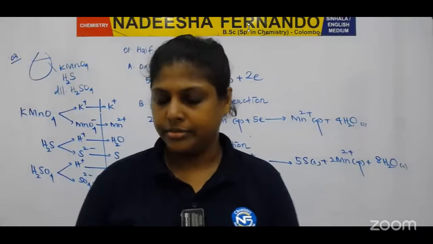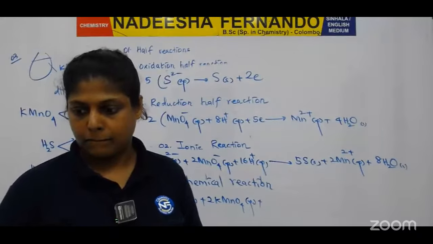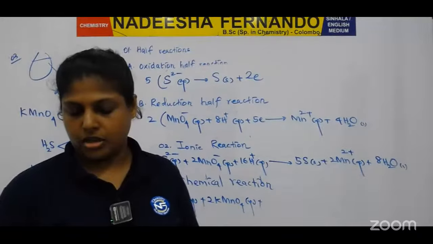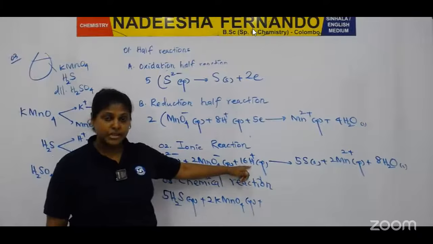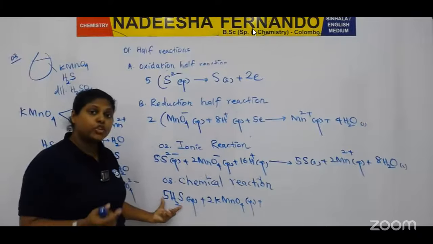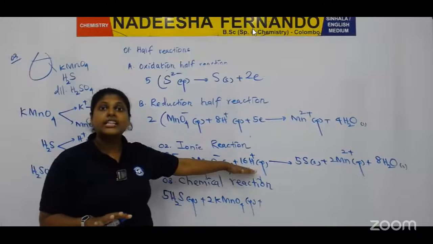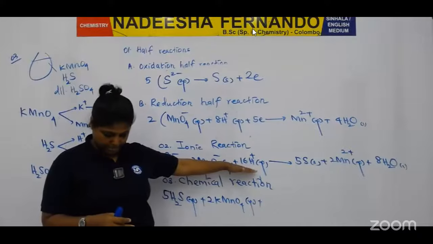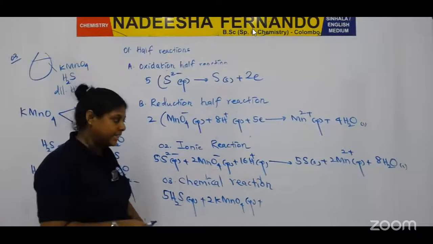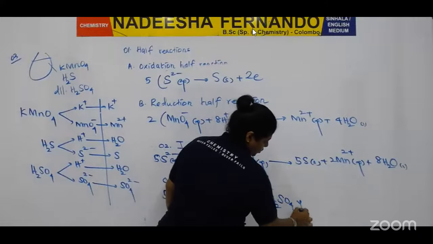Now can you hear? Okay. So out of 16 H pluses, we took 5 into 2, 10 H pluses to get the 5 H2S. Therefore, we have only 6 H pluses more. To balance the 6 H pluses, I should write 3 H2SO4. So 3 H2SO4.